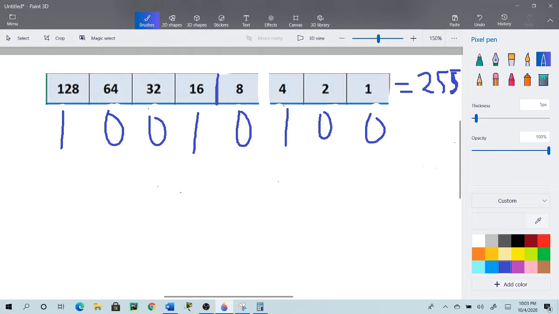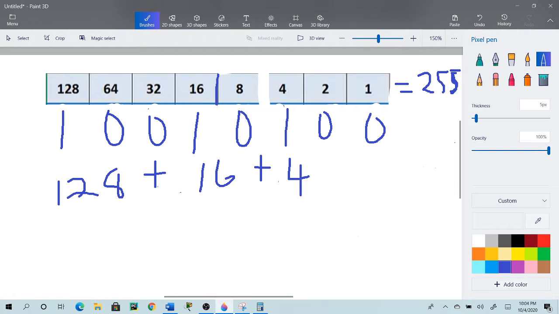That's all we need. The numbers that have 1 underneath: we have 128 over here, and then plus, because we are adding them, 16 has a 1 underneath, and of course 4 has a 1 underneath, and the last two don't have any 1, so that means they are off. We don't need to consider them.